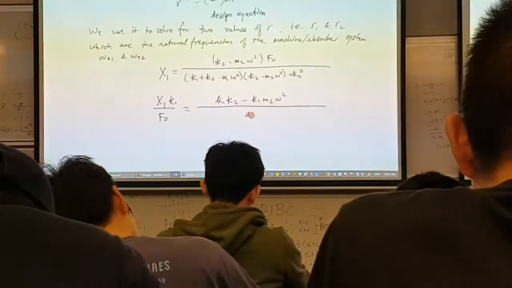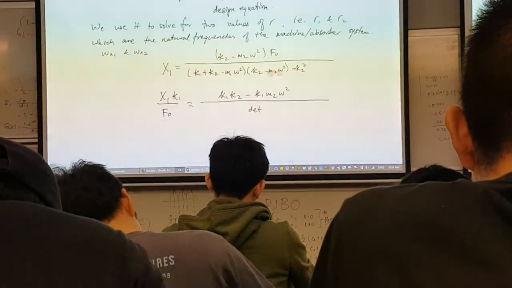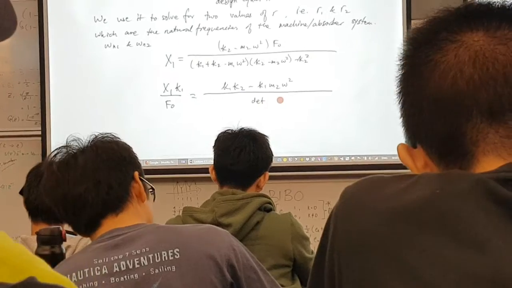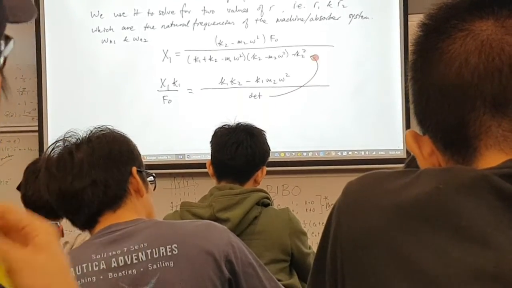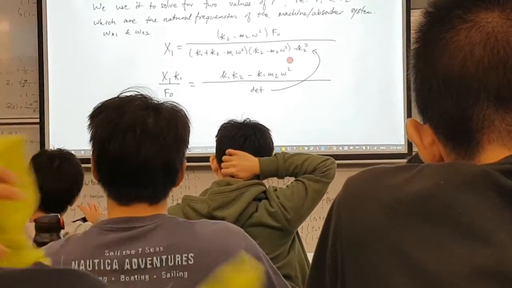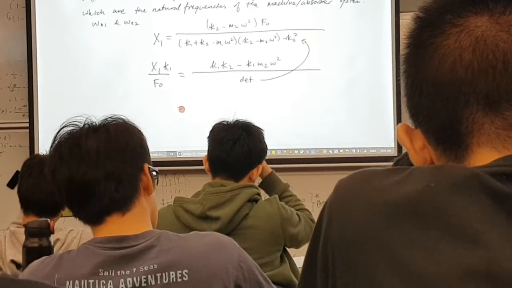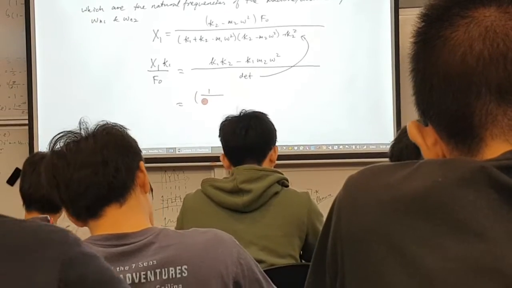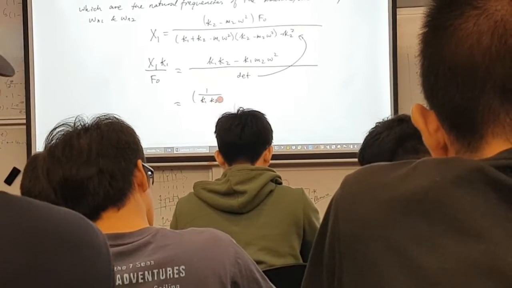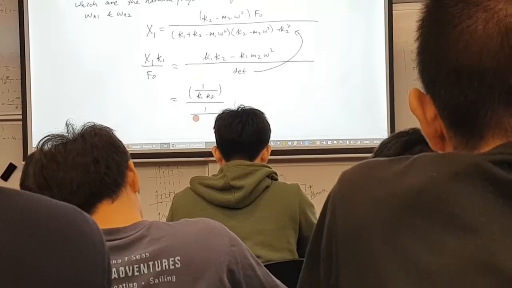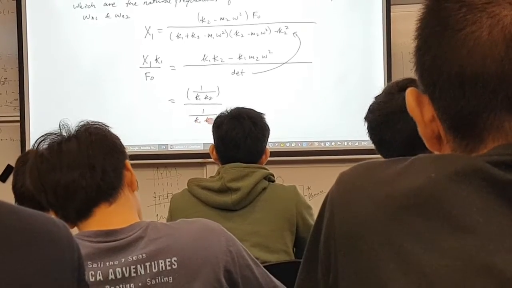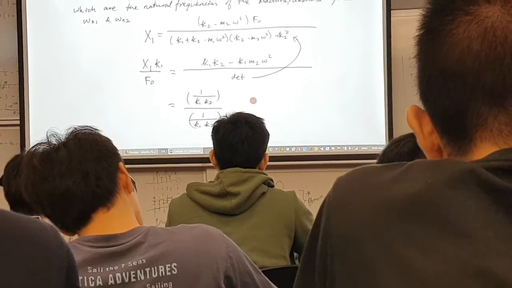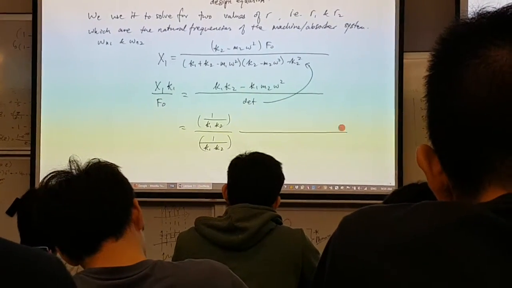So I think I'll start writing that determinant. It is always the same term over here. It's the same determinant as all this. So then what I want to do next is to divide the numerator and the denominator respectively by this factor, 1 over K1 K2. Do that.